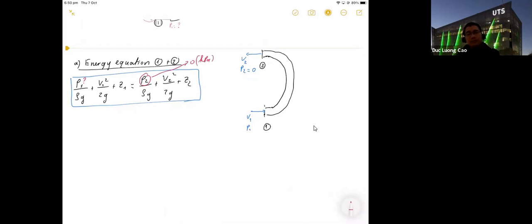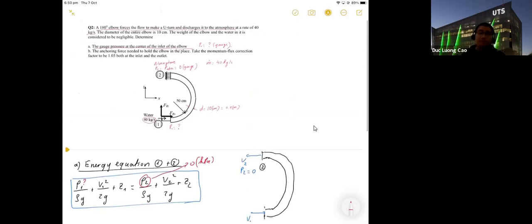How about V1 and V2? How to find V1 and V2?